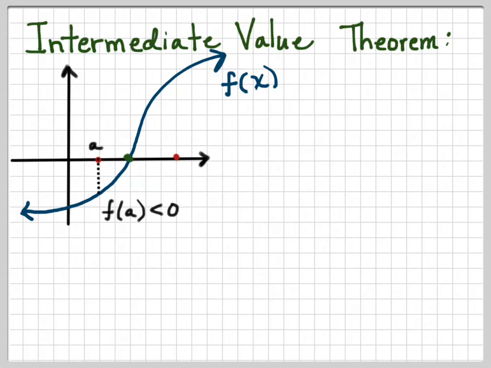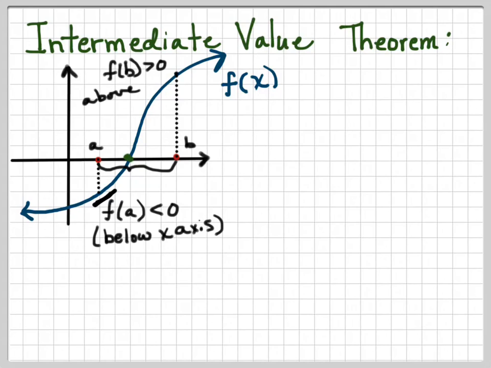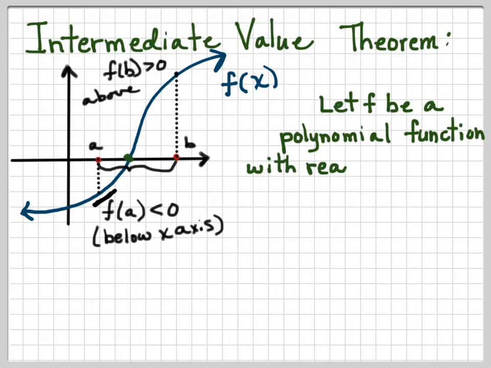In other words, the graph is below the x-axis at that point, which makes it negative. And at point B, the graph is above the x-axis, so f of b is greater than 0, so it lies above.